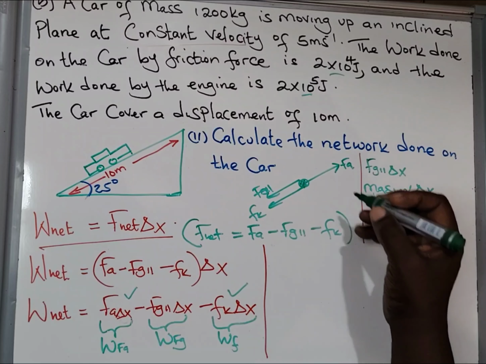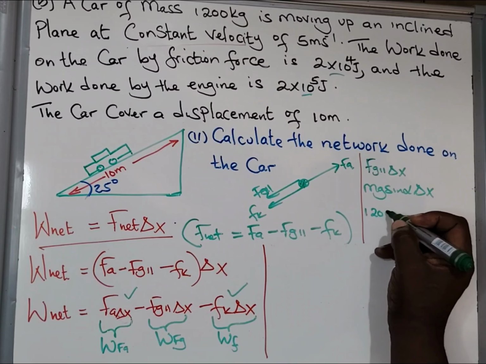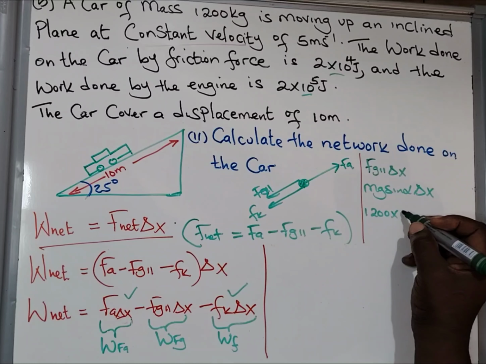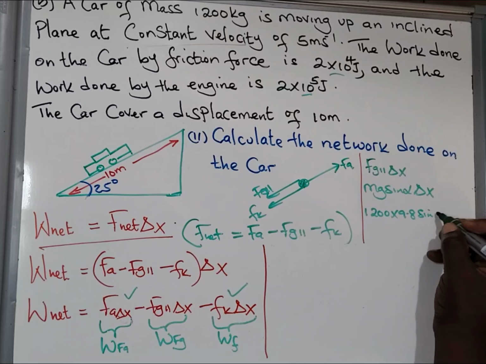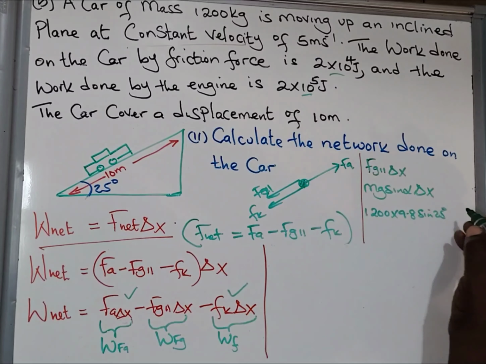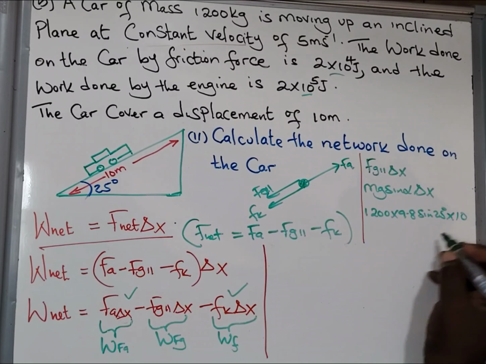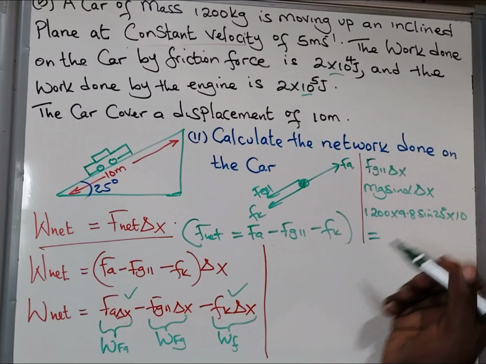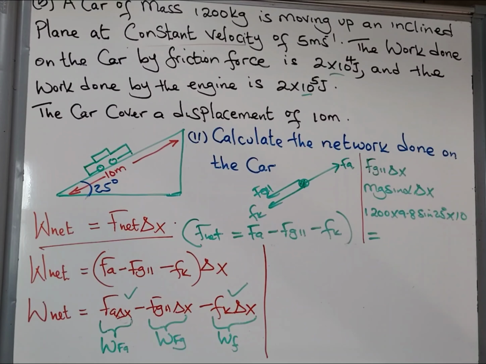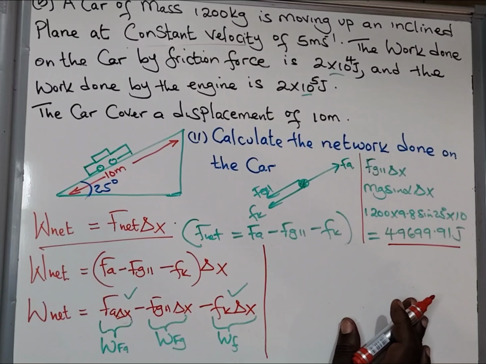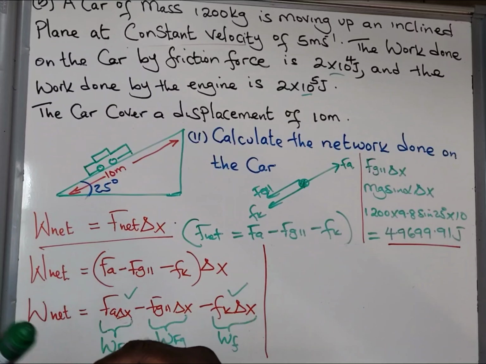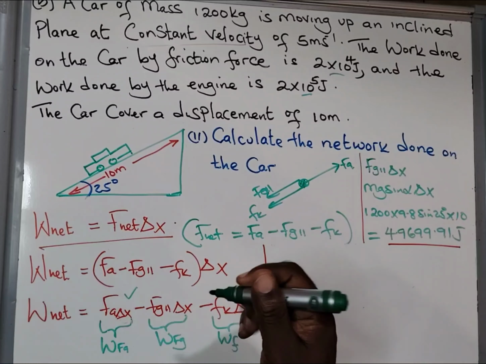Yes, the mass of the car is 1,200. And we know g, which is 9.8. The angle is sine 25 degrees, and times displacement, which is 10. What you get here is the work done by gravitational force. So we can now go ahead and substitute in each of these.